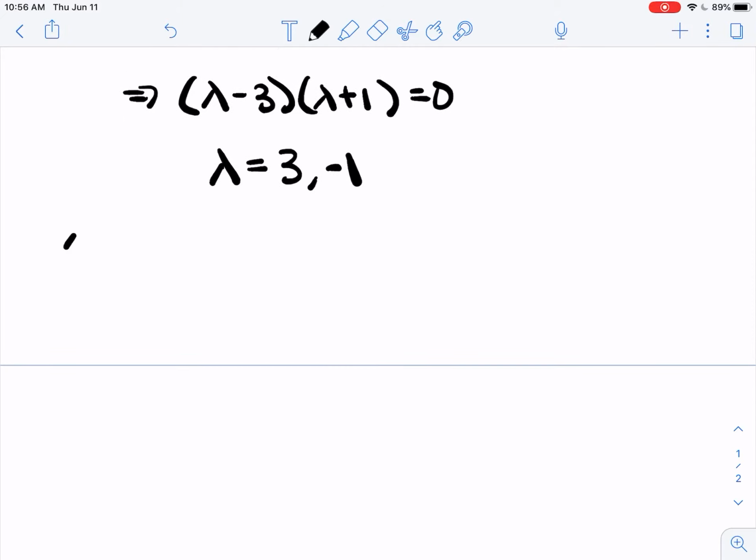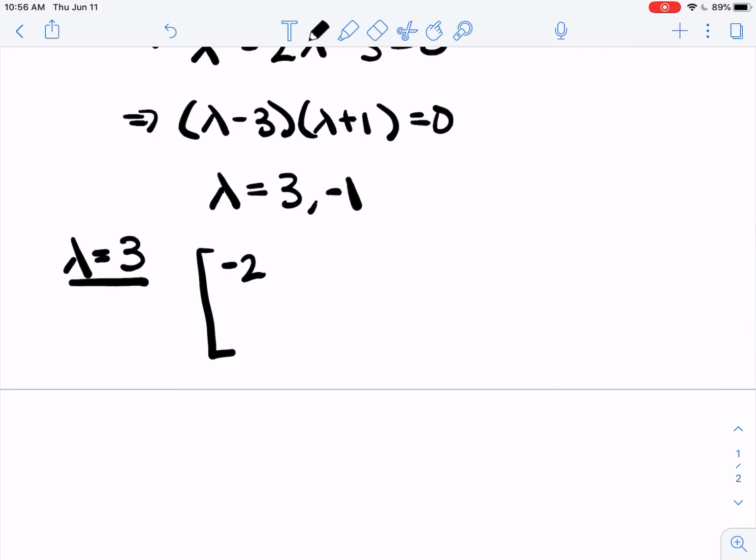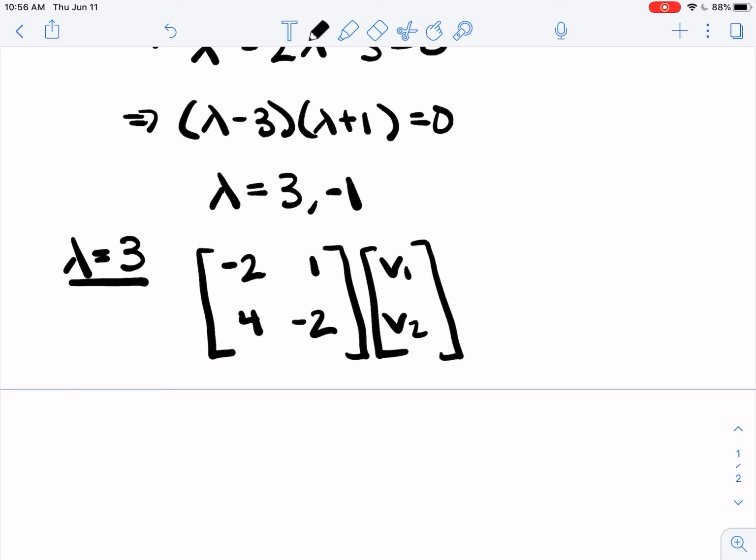So if we start with lambda equals 3, then to get the eigenvector, we take A minus lambda I. So that's 1 minus 3 is negative 2, and 1 and 4, and 1 minus 3 is negative 2 again, times our v1, v2, must be equal to 0, 0.